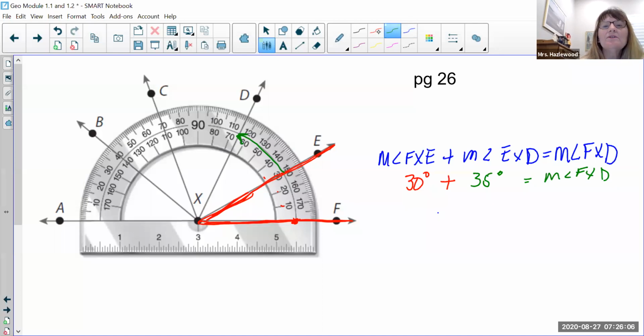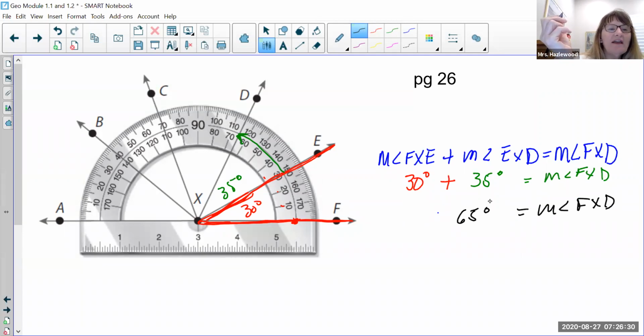This one here was 30, and this one here was 35. So I just added both of them together, and I came up with the measure of angle FXD, which is 65 degrees.